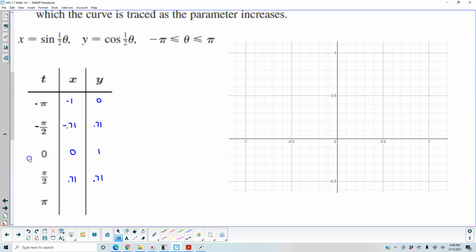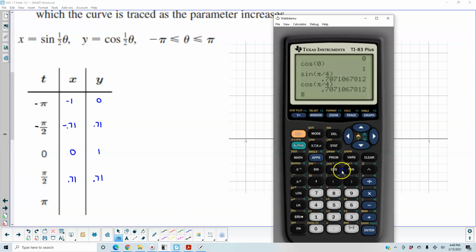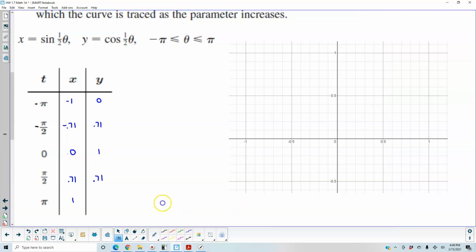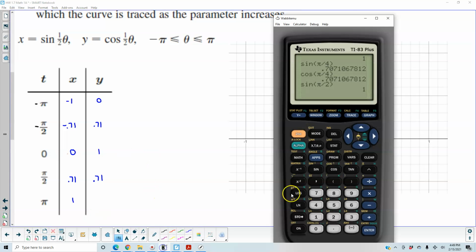Now let's put in positive pi. So here we want to find the sine of pi over 2, and that's going to give us positive 1. And then if we write the cosine of pi over 2, we get 0.